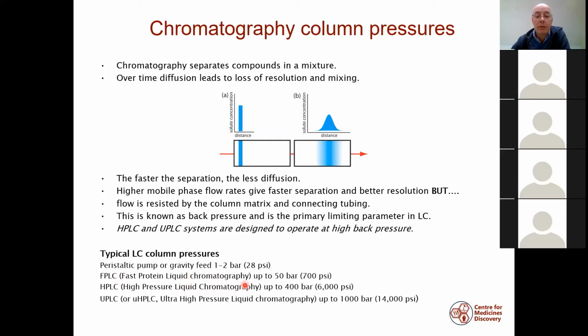Fast protein liquid chromatography is up to about 50 bar. A typical analytical HPLC system would operate up to 400 bar, and a more modern ultra high pressure system can operate up to 1000 bar. So the higher the back pressure the system can stand, the faster the separation it can generate.